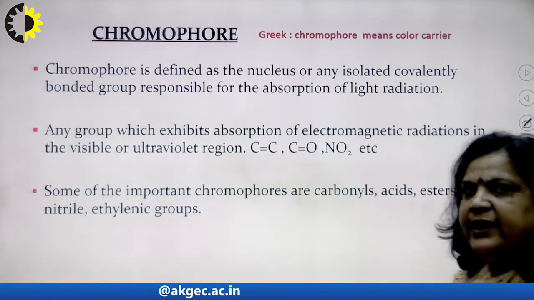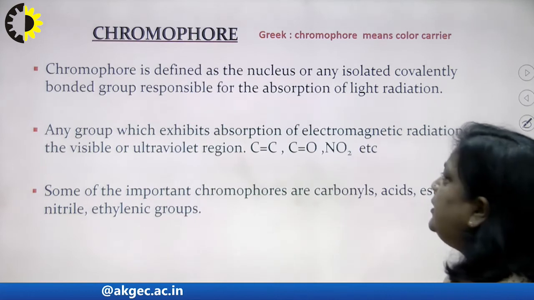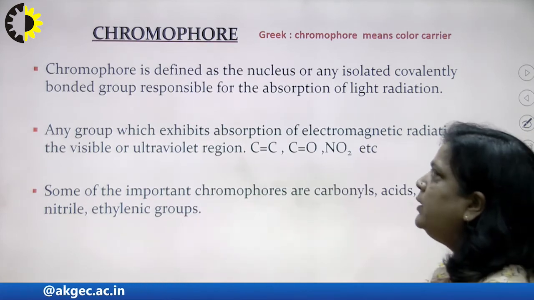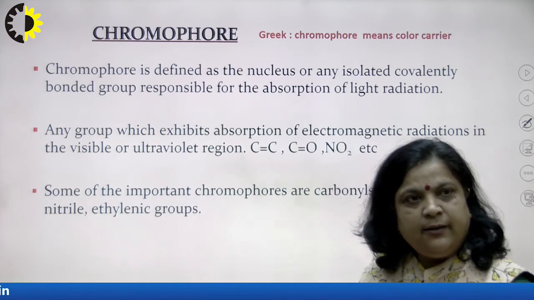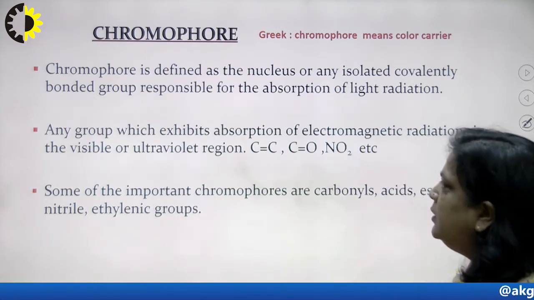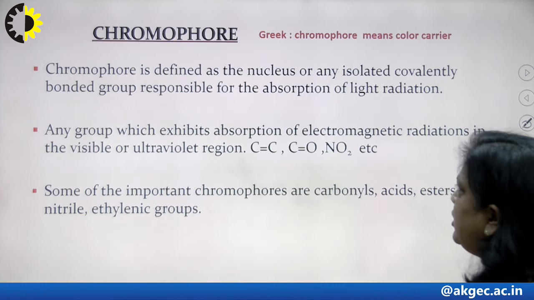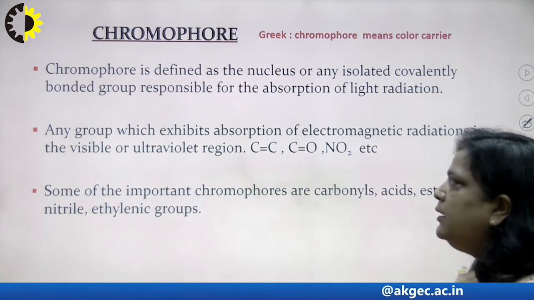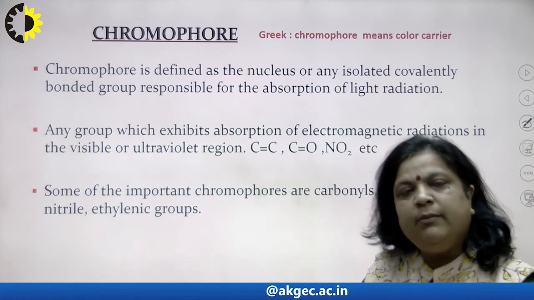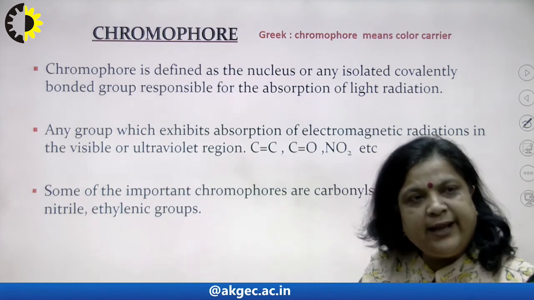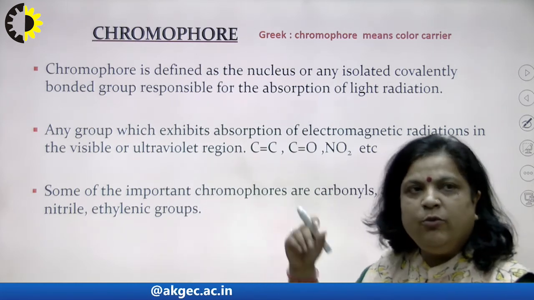So they are defined as the nucleus of any isolated covalently bonded group responsible for absorption of light radiation. Any group which shows absorption of electromagnetic radiation in the UV visible region, like C double bond C, C double bond O, NO2, etc., is termed a chromophore.